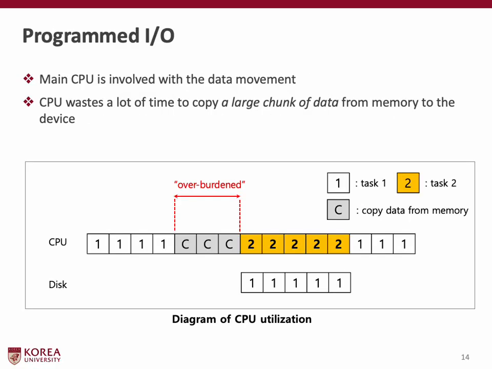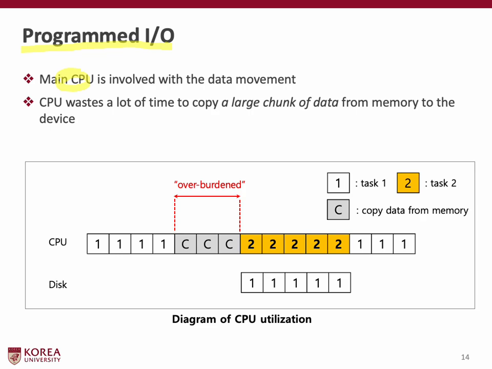And next is related to methods for data transfer. One way to do this is called programmed I/O. In this method, the main CPU is responsible for moving data between memory and the I/O device. This means the CPU must read each piece of data from memory and write it to the device, or vice versa. Let's take a look at this figure.